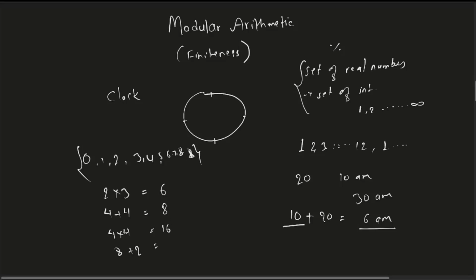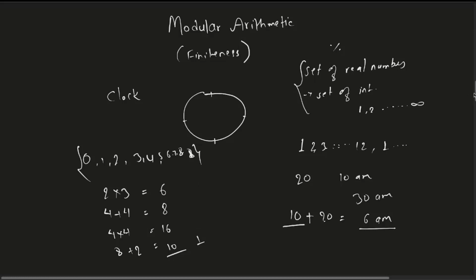Well, 8 plus 2 will give us 10, and 10 is also out of the bound here. What we can do is, once it reaches the upper bound, we can always go back to 0, which means 8 is the highest bound here. So for 8 plus 2, instead of 10, I could just start counting from here again, 0 and 1. So I could now write 1 in there.